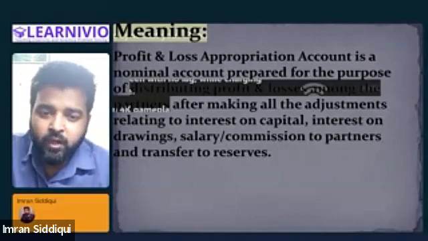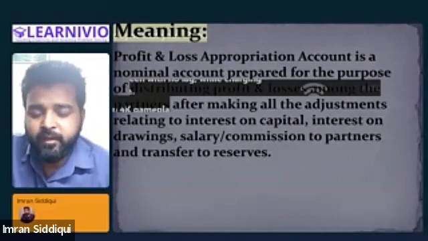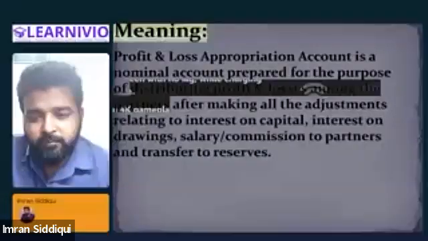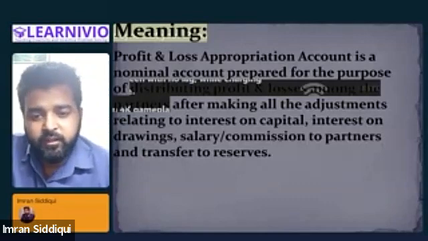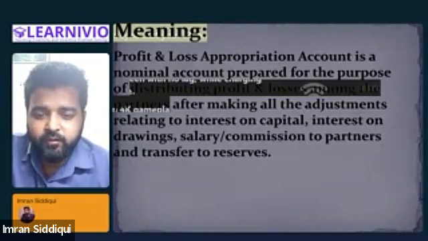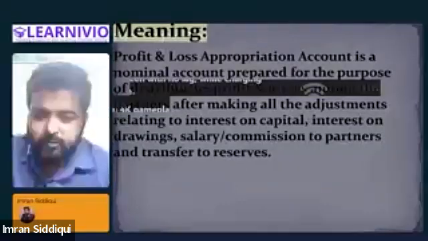Profit and loss account is made for the entire business, but the P&L appropriation is in respect of the partnership firm, where we prepare it for distributing the profit and losses among the partners.